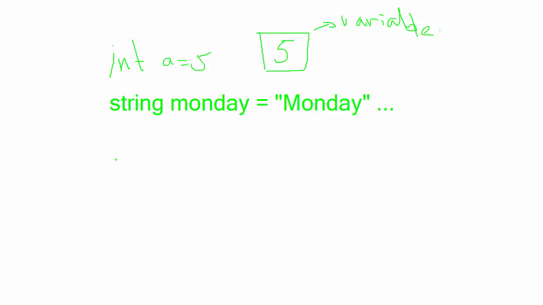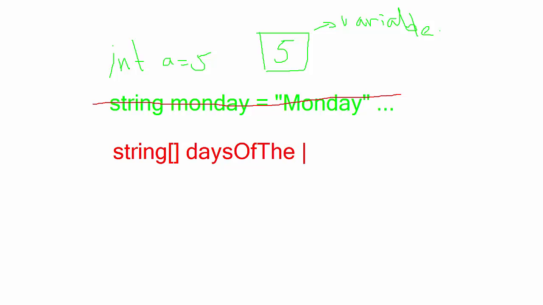So how do we do that? So let's just scratch that with red because it's not very nice. And here I would like to do string[] daysOfTheWeek. Okay, and these brackets here tell me that I'm actually using an array.